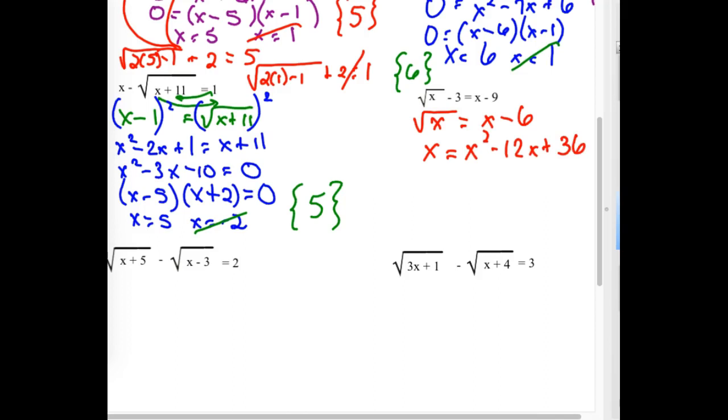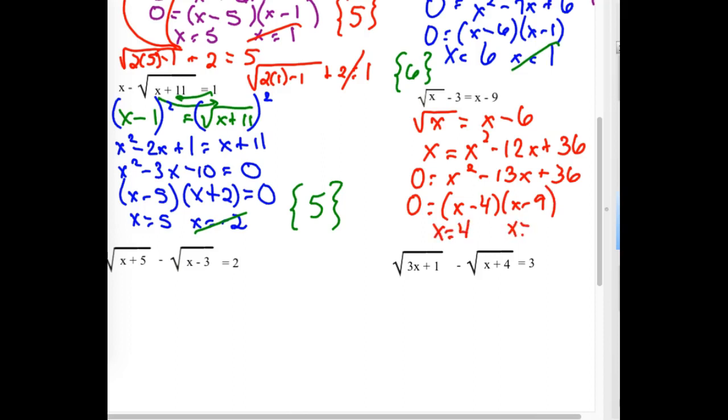If I subtract this first x over, I end up with 0 equaling x squared minus 13x plus 36. I need factors of 36 that add up to 13. All right, so we're going to have x minus 4, x minus 9. So possible solutions, x might be 4 or x might be 9.